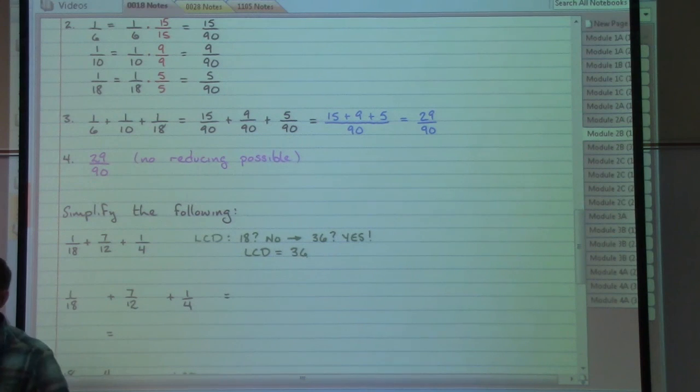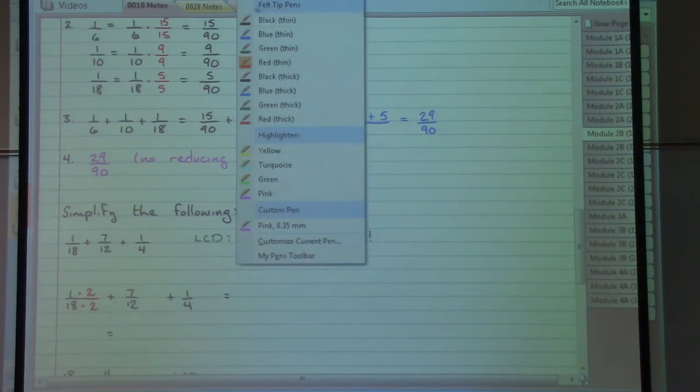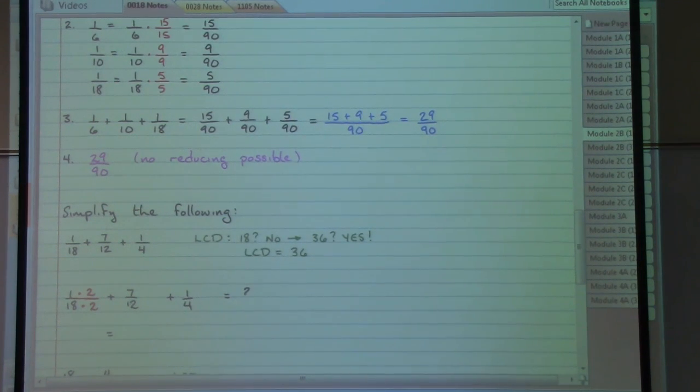My first fraction has an 18, and 18 times 2 will give me a 36. If I put in a times by 2 on the bottom, then I want to put in a times by 2 on the top. That will get me a fraction 2 over 36.